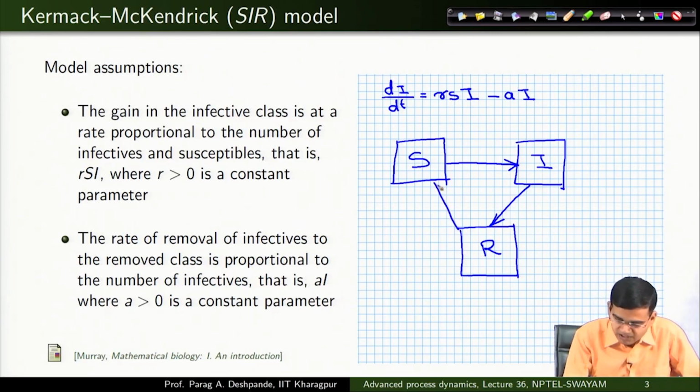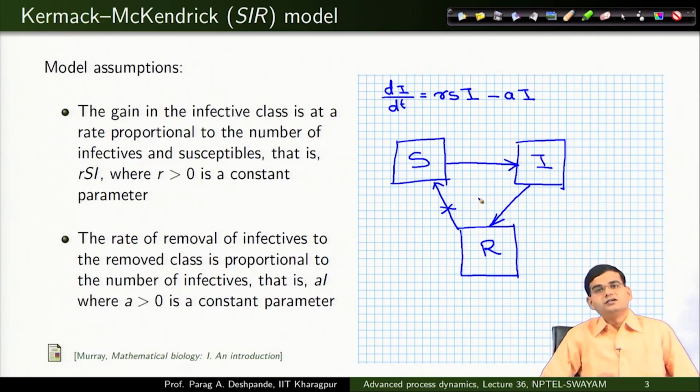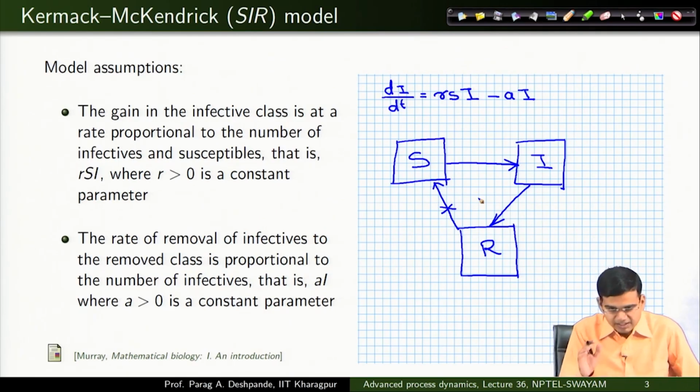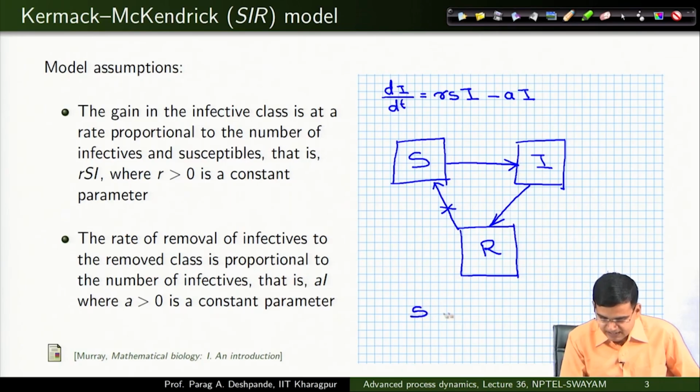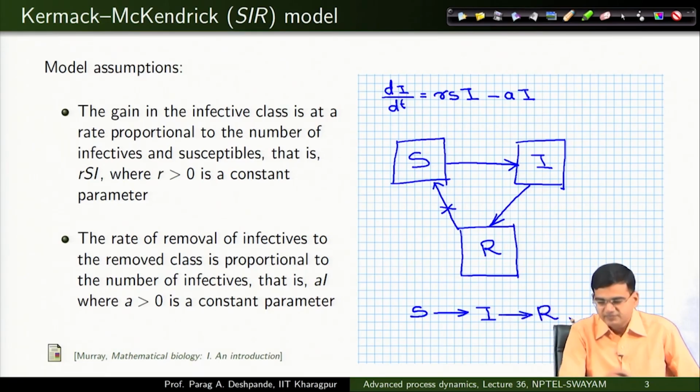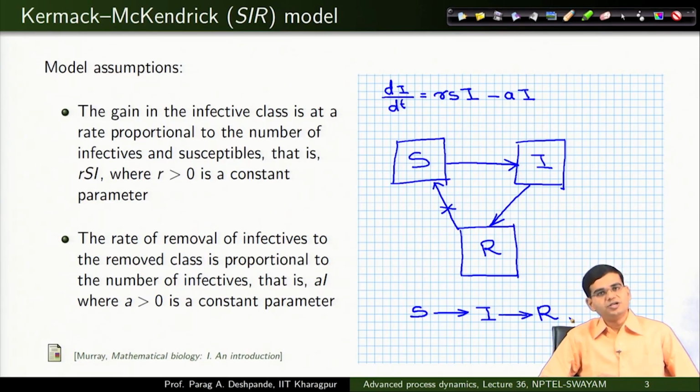No, following our previous assumption that infection confers immunity, the recovered ones cannot go to the susceptible class. So, my flow for this particular system can be written as S going to I going to R. This is the trend for my flow of population among different compartments.